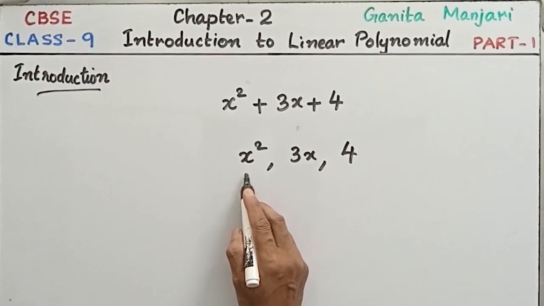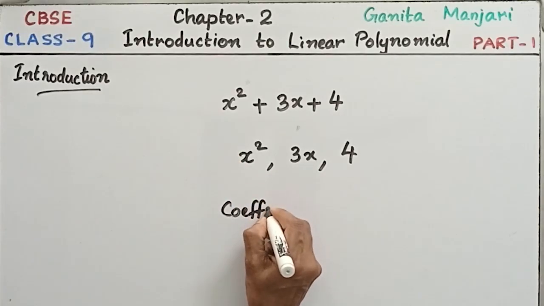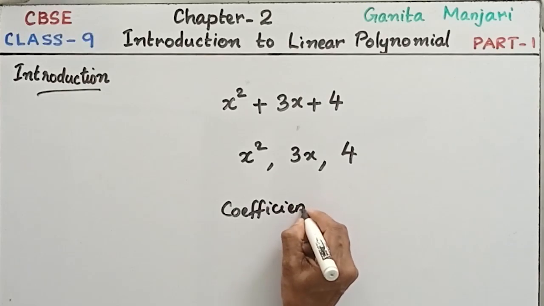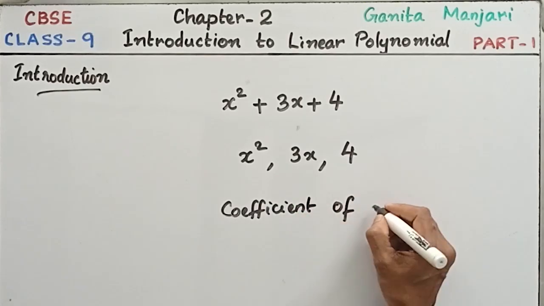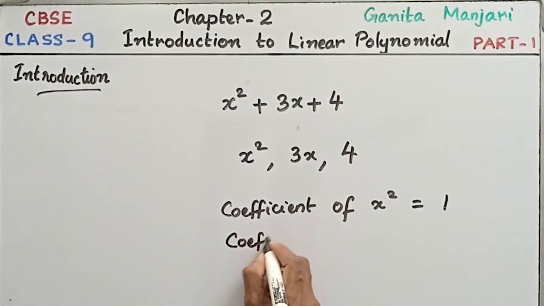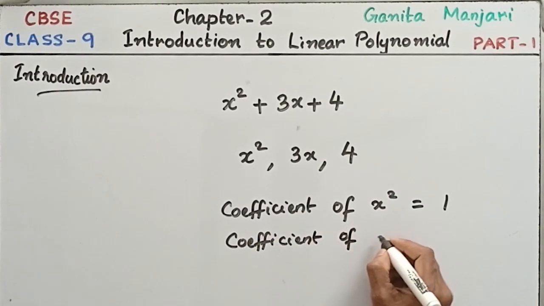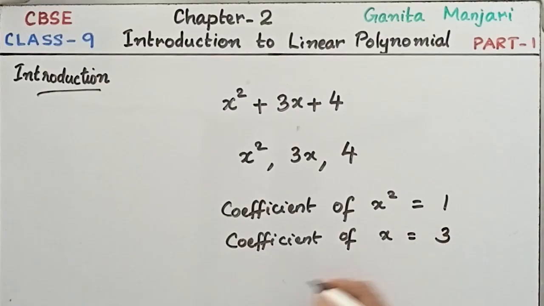What's the coefficient of x square? The coefficient of x square is 1, because 1x square is x square itself. The coefficient of x is 3 and the constant term is 4.